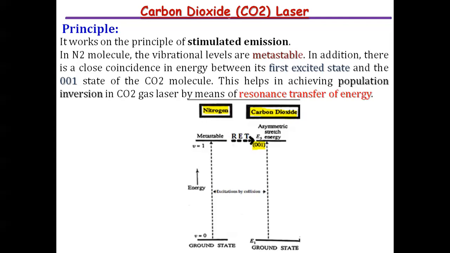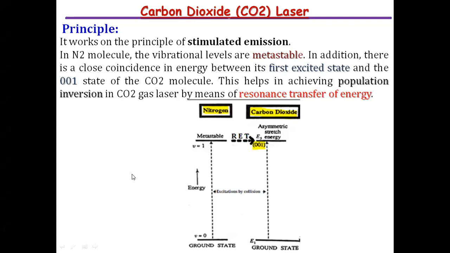Whenever these nitrogen molecules collide with the carbon dioxide, it will absorb the entire energy of the nitrogen molecule, and the carbon dioxide molecules will go to the asymmetric energy level. Asymmetric energy level for carbon dioxide is a metastable state. Once you get this metastable state, you will achieve stimulated emission. This is the principle of carbon dioxide laser.